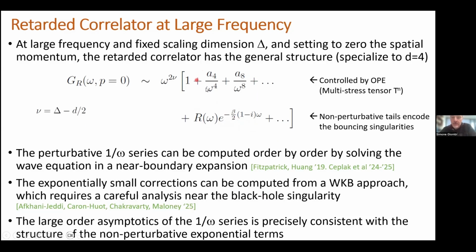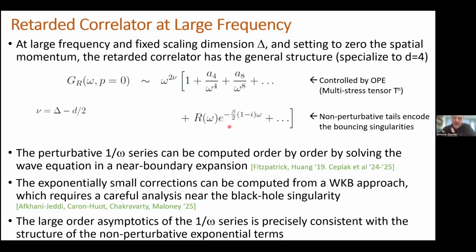While this perturbative series can be computed order by order in a near boundary expansion, following the method that was originally in this paper by Fitzpatrick and Wang. And remarkably, what happens is that the large order behavior of this perturbative asymptotic series actually is precisely consistent with this non-perturbative term.